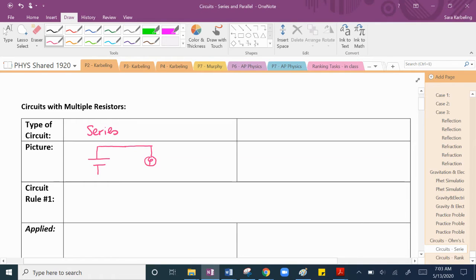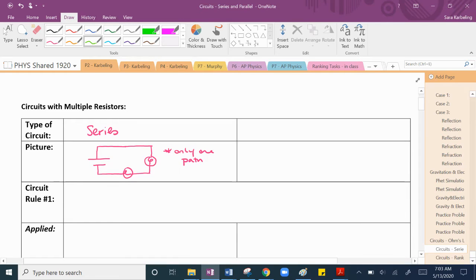So I'm going to put one here, and then I'm going to put one here. And the key to a series circuit is that there is only one path around the circuit, okay?